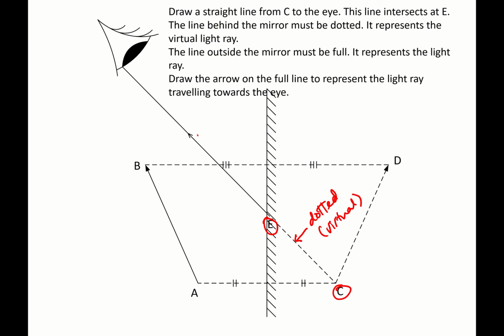And the line outside the mirror must be full because this represents the light ray. And also note that the eye sees the image, so that means the light ray must be entering the eye, and hence draw the arrow pointing into the direction of the eye.